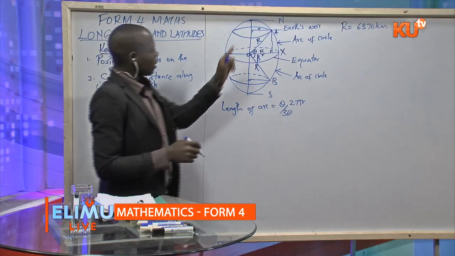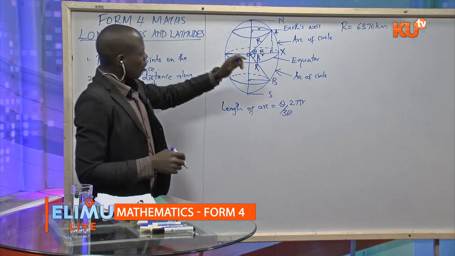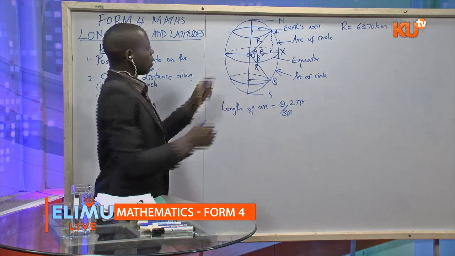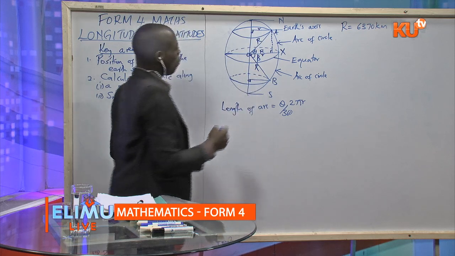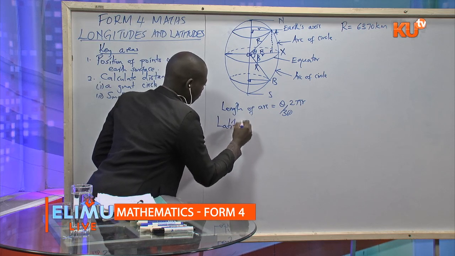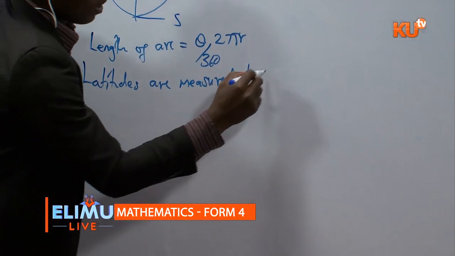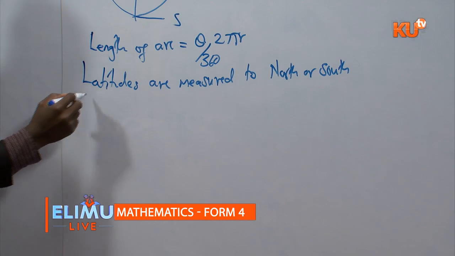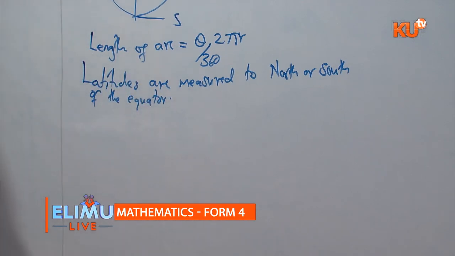So in short, latitudes are simply the imaginary lines that are drawn and whose plane is perpendicular to the Earth's axis, and they form what we call the small circle. So we say latitudes are measured to the north or south of the equator, meaning the equator is the point of reference.